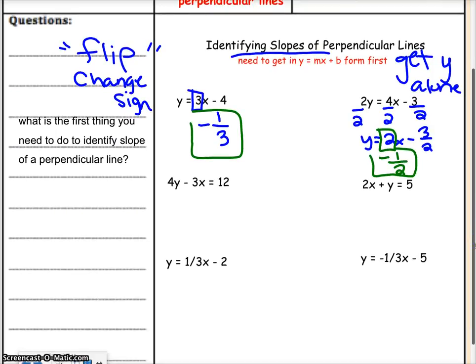Next line. Do I know the slope yet? Nope, I have to get y alone. So move your 3x. Four y equals 3x plus 12. Can I determine the slope yet? Nope, I gotta move that 4.